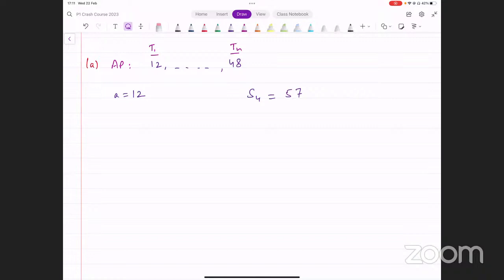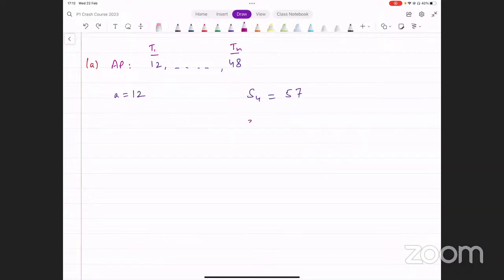Now, keep in mind, this 48 is the last term of these n terms. If we were to consider n terms, 48 would be the last value amongst these n terms. All right. The sum that we're given here is for the first 4 terms only.